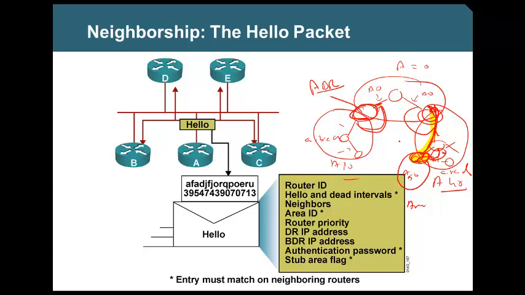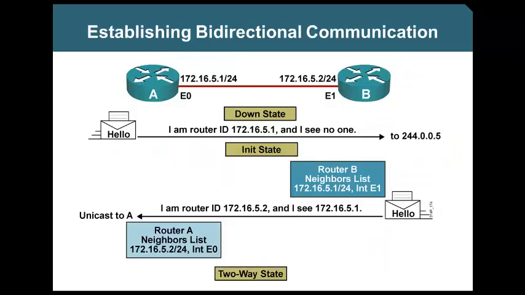Now, this shows how the neighborship is established. You see, there are two routers, A and B. For the first time, OSPF is configured on router A. B is still not ready.